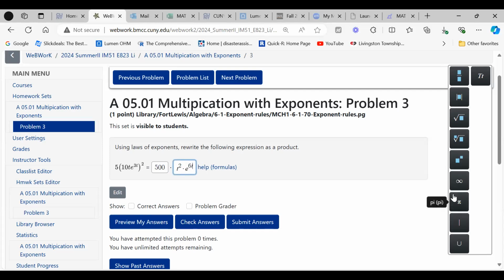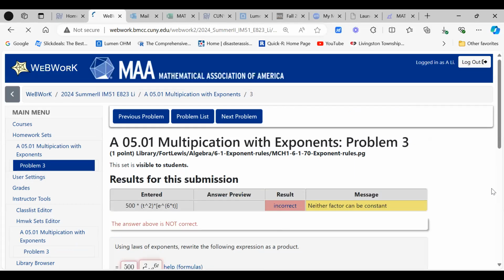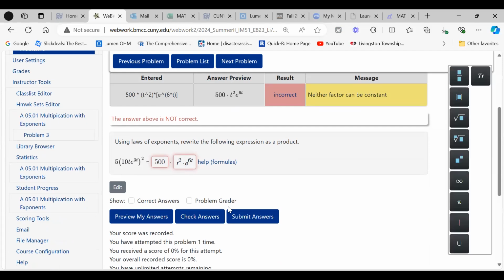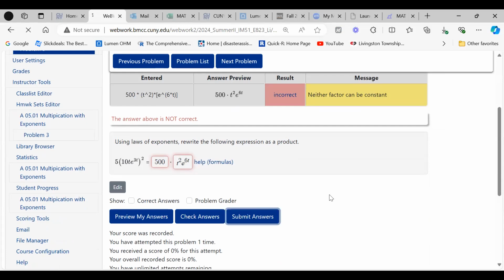Okay, and let's do it. T squared e to the 3t. Maybe they don't want this. You should rewrite the expression as a product. 10 squared is 100, 100 t squared, e to the 3t.